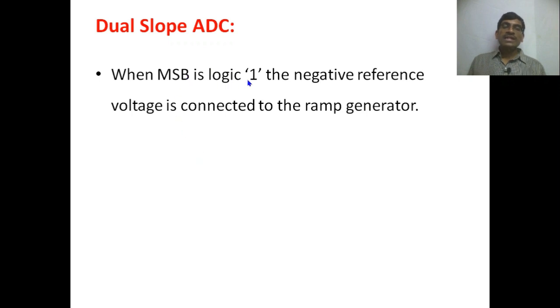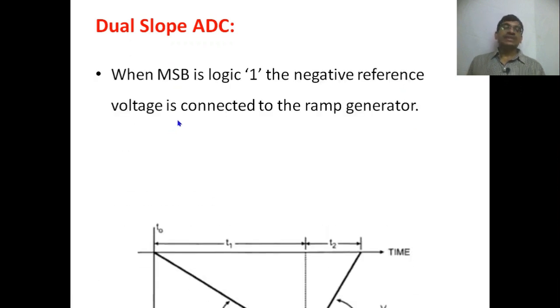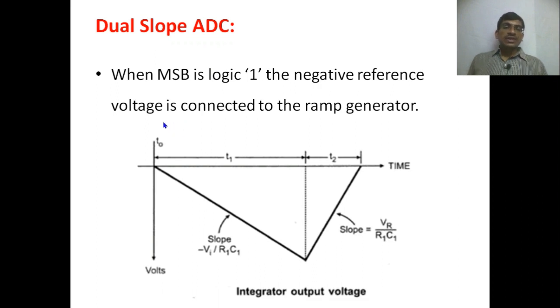When the MSB is logic 1, the negative reference voltage is connected to the ramp generator. Whenever the MSB is 1, that 1 goes to the flip-flop and switches S from Vi to minus V reference.